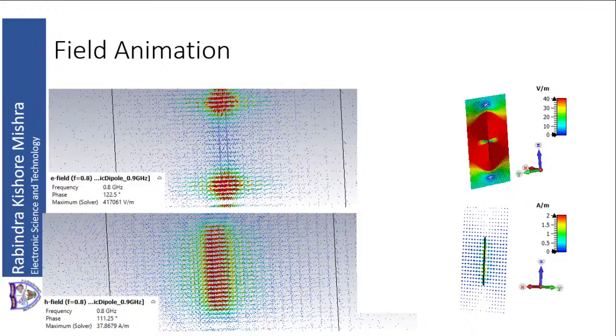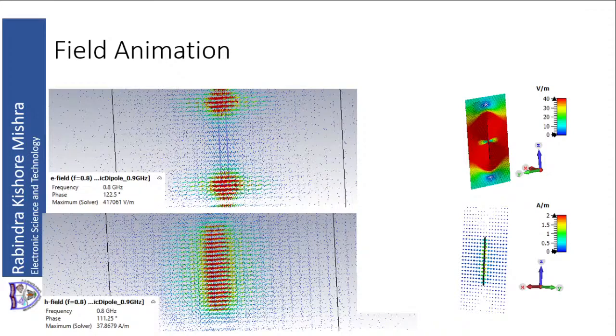As charge increases and decreases, the field emanates from this length of the wire that is shown in the bottom left, that shows the emanating field. On the right hand side you can clearly see the field which is going out from the antenna in the top one, and the bottom one shows you the antenna and the field radiating from the antenna.